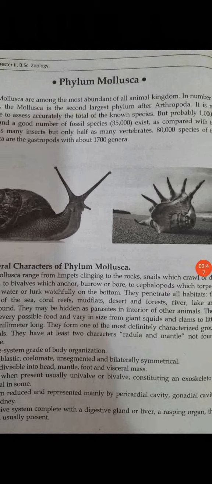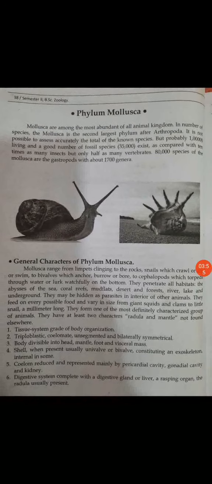The digestive system is complete with a digestive gland or liver, and a rasping organ, the radula, usually present. This radula is the characteristic of this phylum; we will see it in detail in the digestive system of the animal.